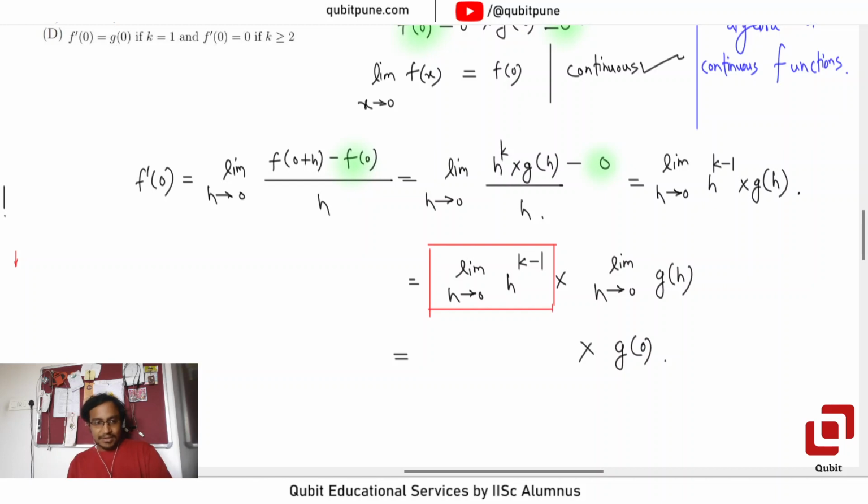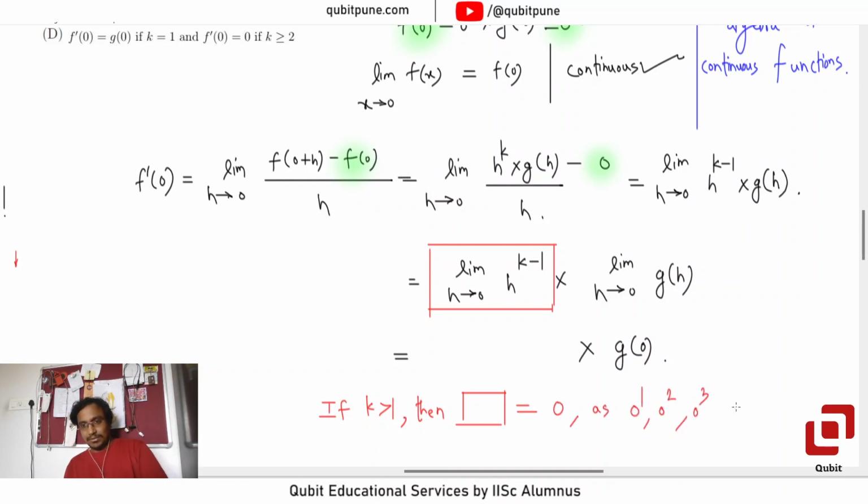Now here we consider two cases. If k is greater than 1, then this is equal to 0, like 0 raised to 1, 0 raised to 2, 0 raised to 3, they are all zeros. So that is 0.